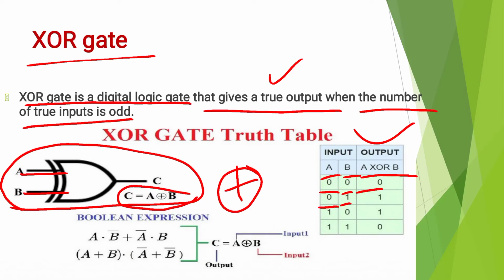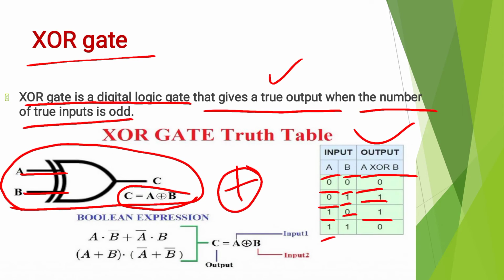Then we have only one 1, which means an odd number of ones. Whenever we have an odd number of 1 inputs, then the output will become 1. And here also 1 0. Here also we have an odd number of ones. Only one 1 is there. That's why the output is also 1.